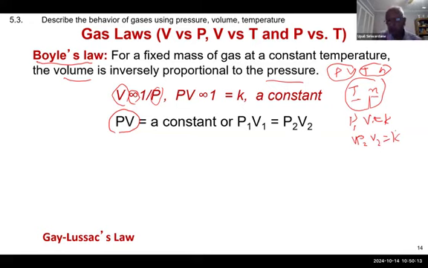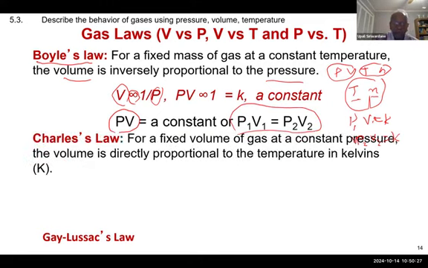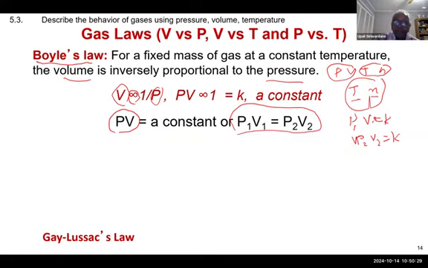Then make them equal. So Boyle's relationship after removing the constant is P1V1 equals P2V2. This equation is called the mathematical form of Boyle's law.